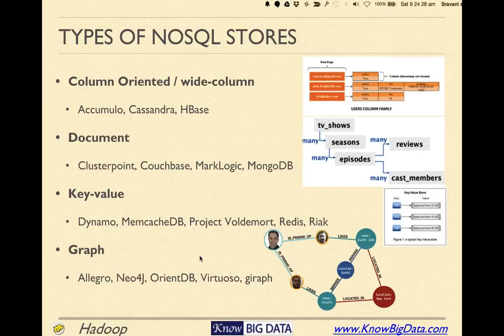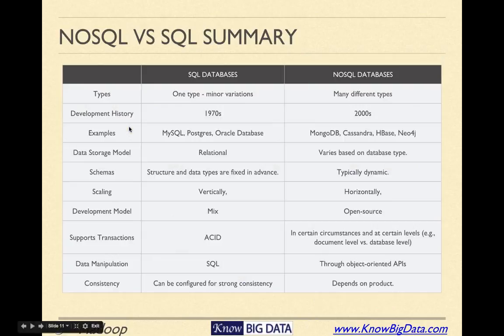A graph could also represent a geographical map, where we have relationships like which place connects to which place and what the roads are, and so on. All right, so these are the four kinds of databases.